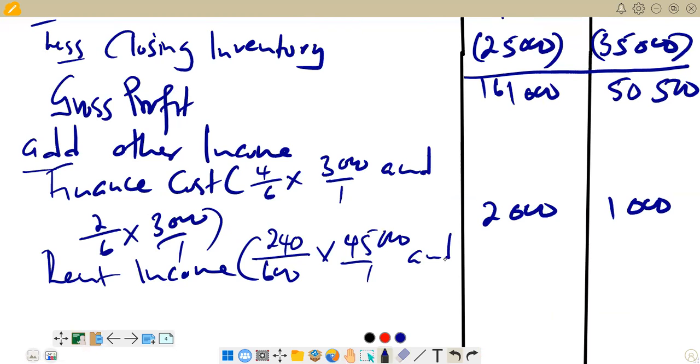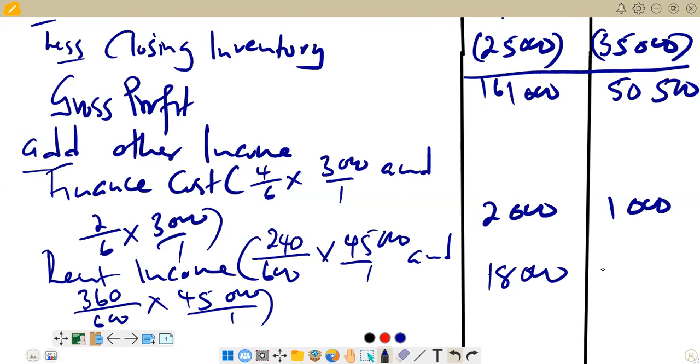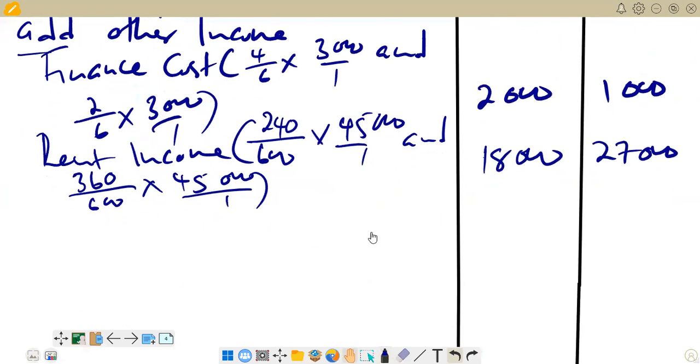And then ends, we put the second working, whereby we said 360 over 600, then we multiply by 45,000 over 1. So we close the bracket, and remember the figures that we got here: 18,000 and 27,000. So this is what we have in terms of our rent income.